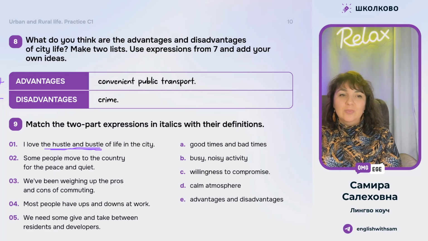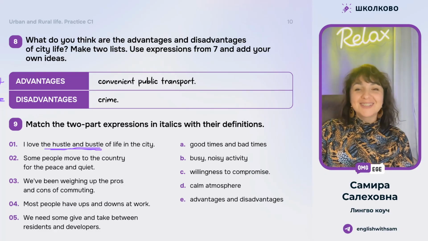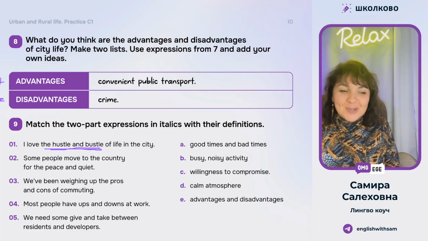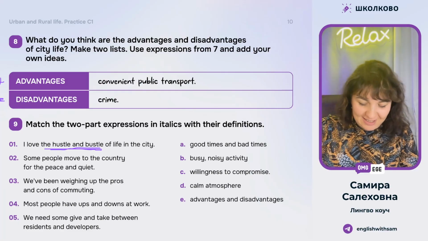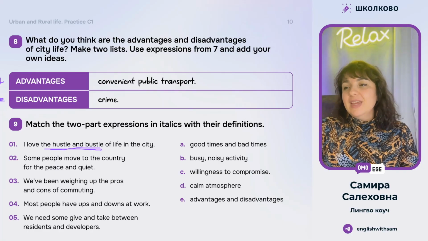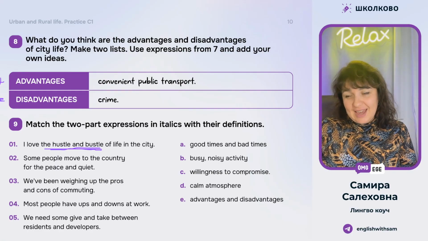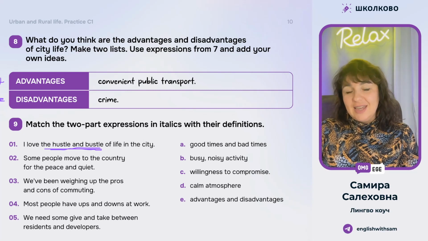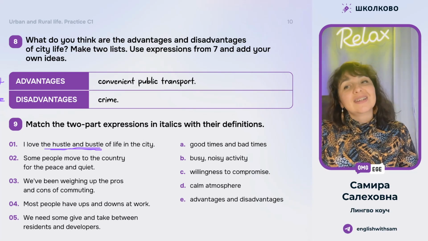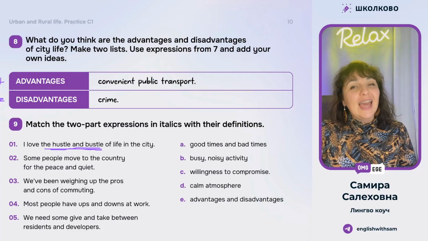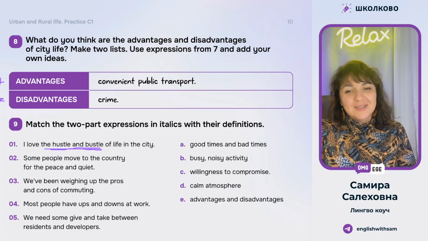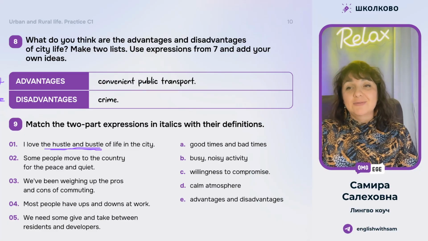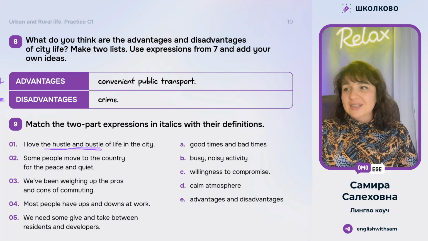So it could be a disadvantage, or it could be an advantage. It depends, it varies from person to person. Зависит от человека. Entertainment, yeah, museums, theaters, probably, right? Circus, art galleries, something like this. So entertainment is great, so it's an advantage.